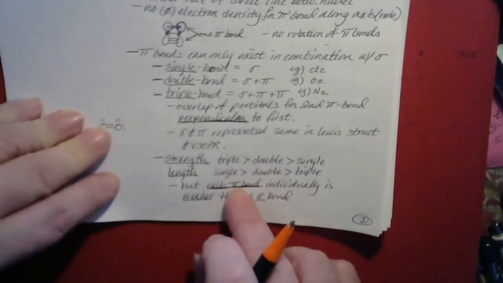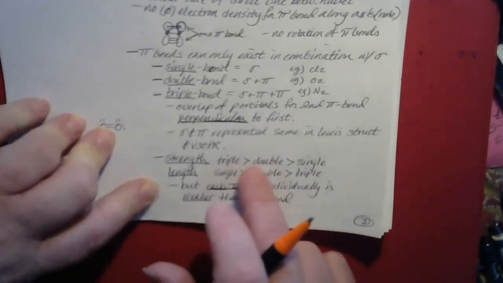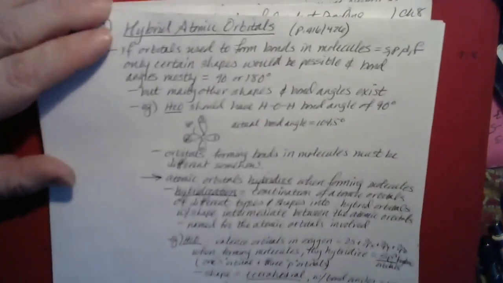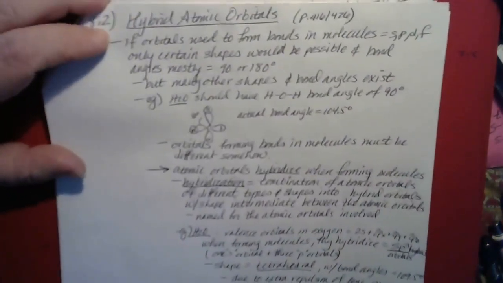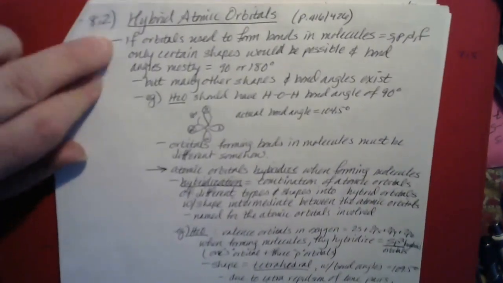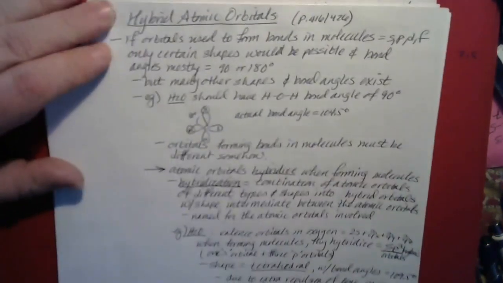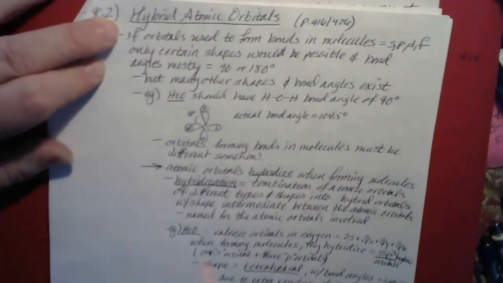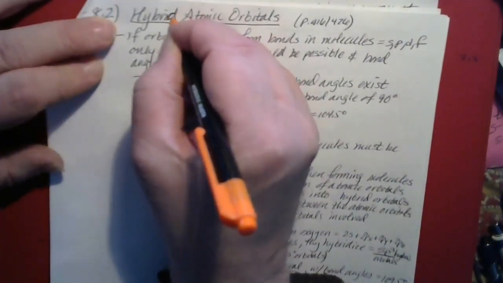So pi is weaker than sigma, but triple is stronger than double, which is stronger than single, because a triple is a combination of a sigma and 2 pi bonds, and a double is a combination of a sigma and a pi.